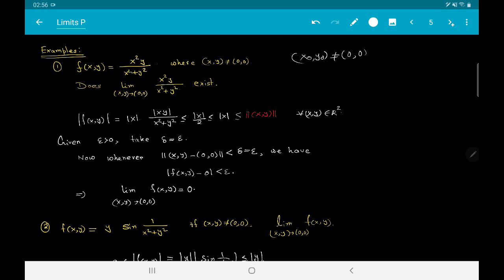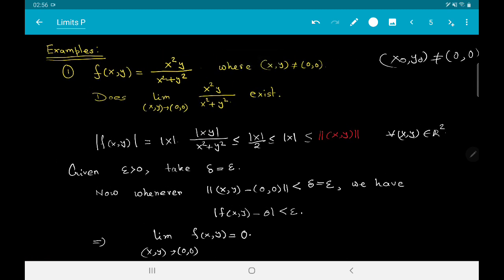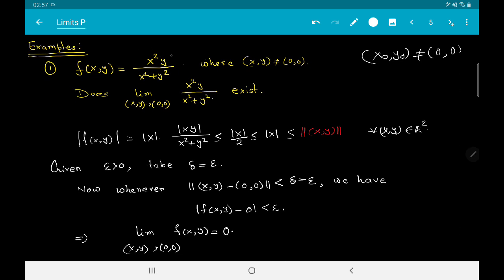And now I have given you a condition for a relationship between limits and continuity. Using that, you can see that this function is continuous, and as such this will imply that the limit will exist at all points (x0,y0) which are not equal to the origin.